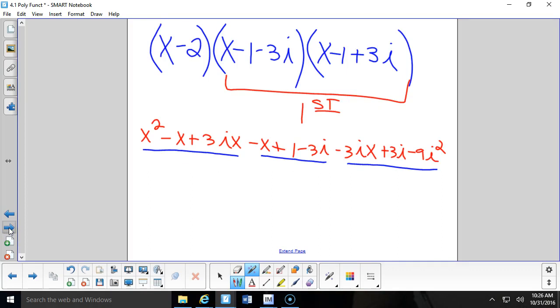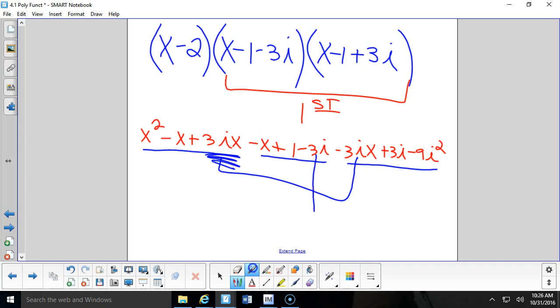Now, nasty. I got 3 things times 3 things. I'm going to end up with 9 things. But, again, if you do that properly, everything that's got an i should cancel out. So I've got 3ix and, oh look, negative 3ix.